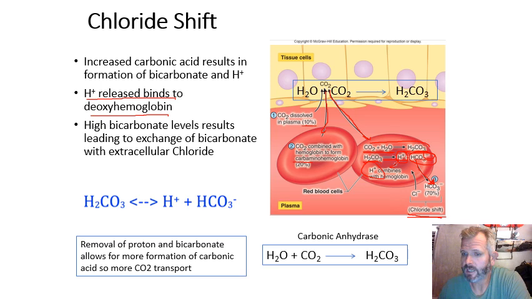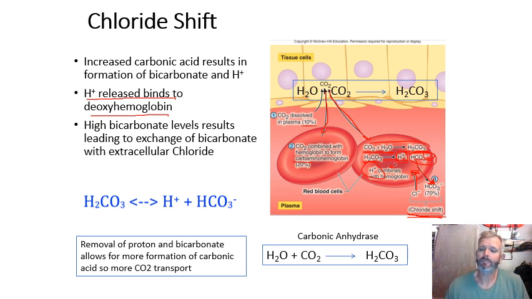To offset the positive charge, chloride shifts in with its negative charge. This is where we get the chloride shift: chloride shifting in as bicarbonate is leaving the red blood cell. So the chloride shift takes place at the tissue.